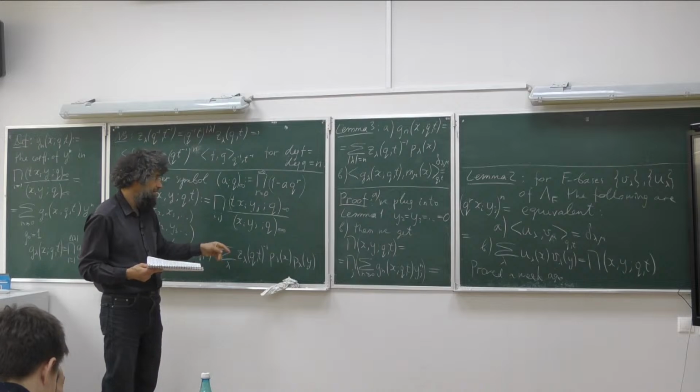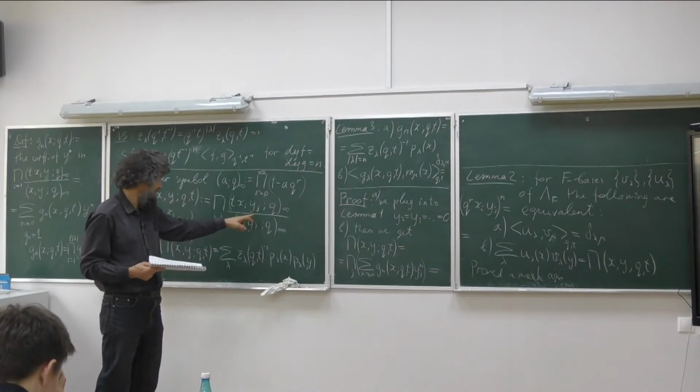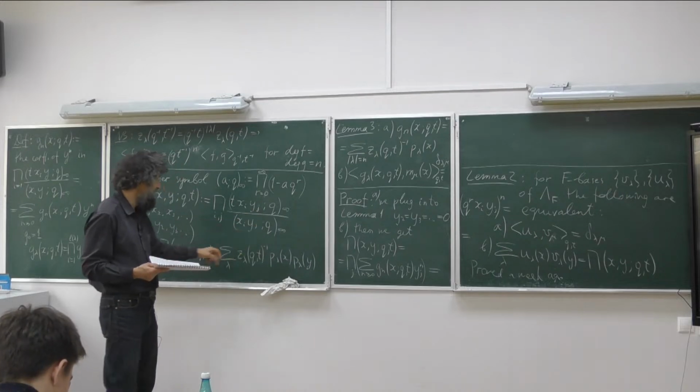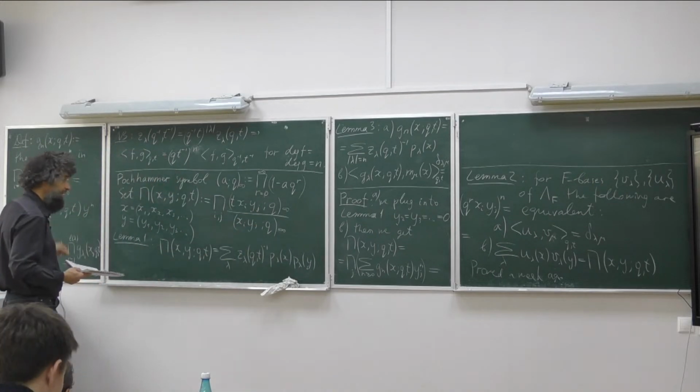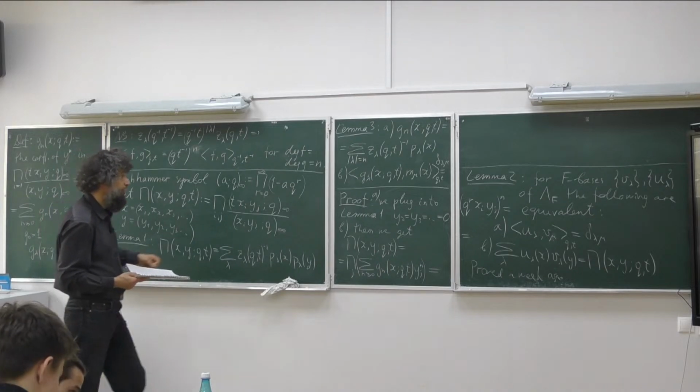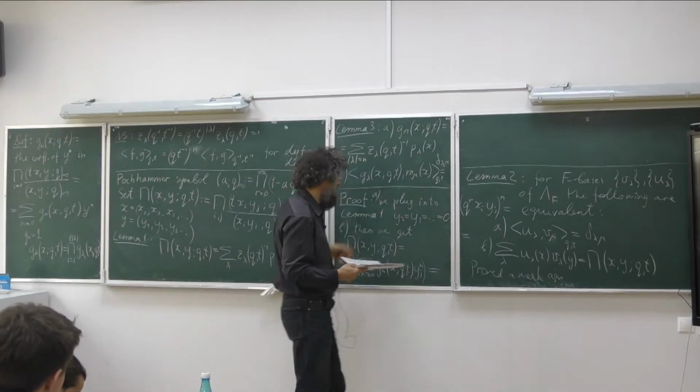For when each y is fixed, each j is fixed, you get a product like here, which we already know is this sum.